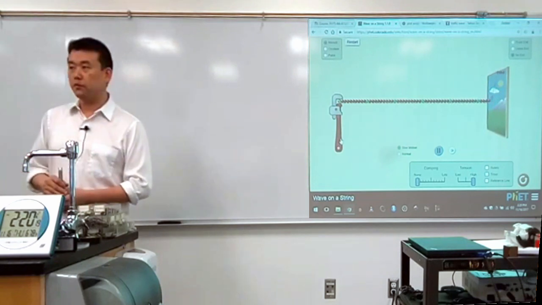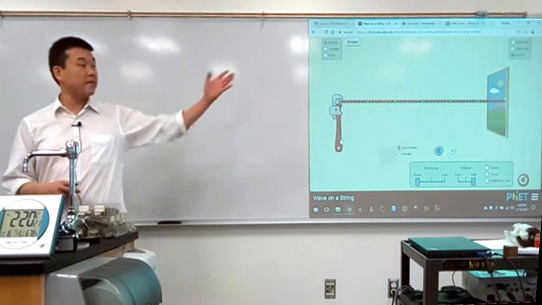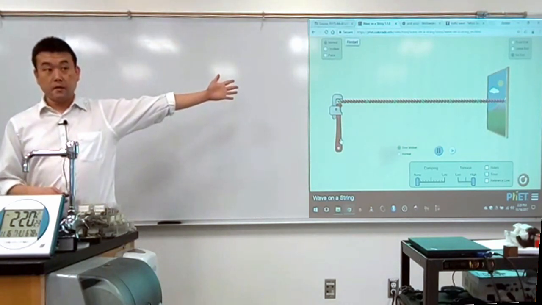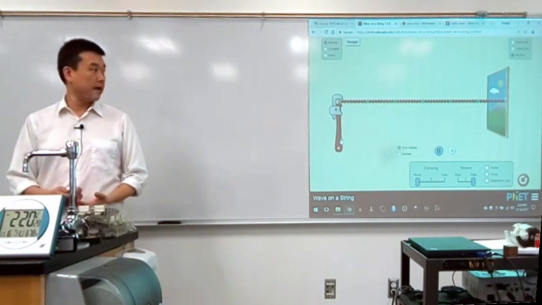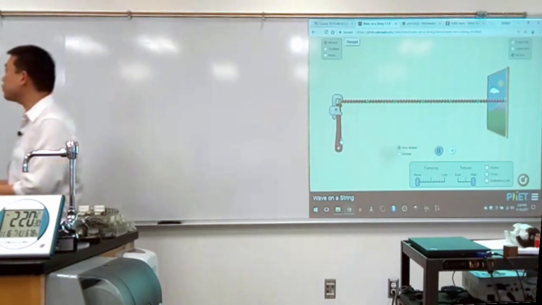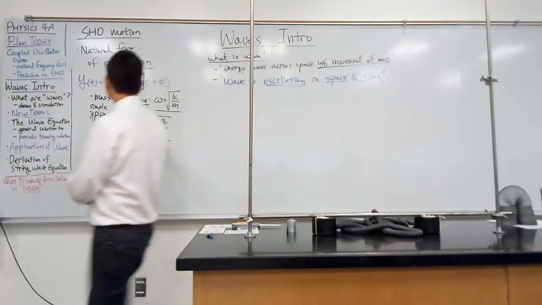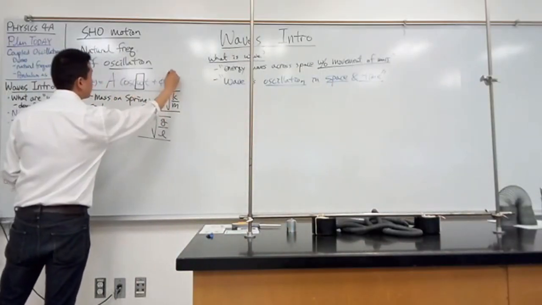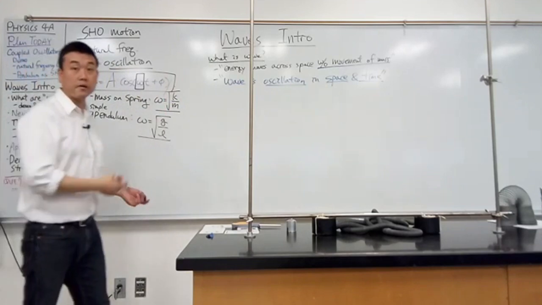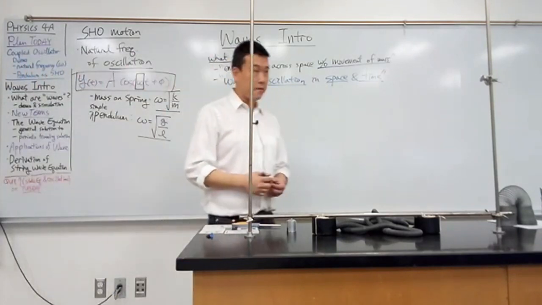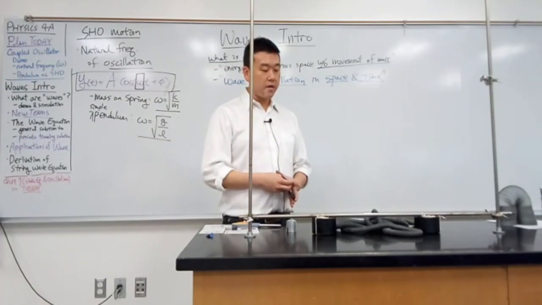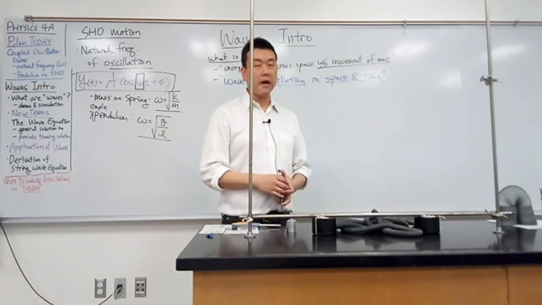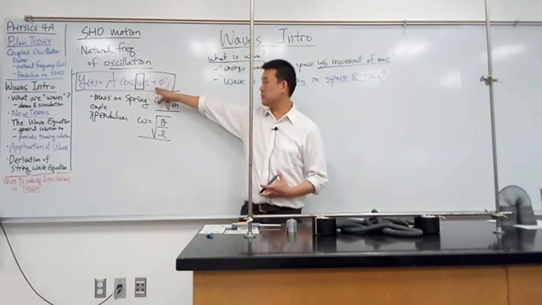we want to have a description of wave that's so general that it can describe that. So we are not going to be able to describe it with a function like, if we try to say waves are something that takes a form like this, well, that's not going to work. It's going to work for some waves, but not all waves. So the equation that I'll need to write down is actually not this equation.